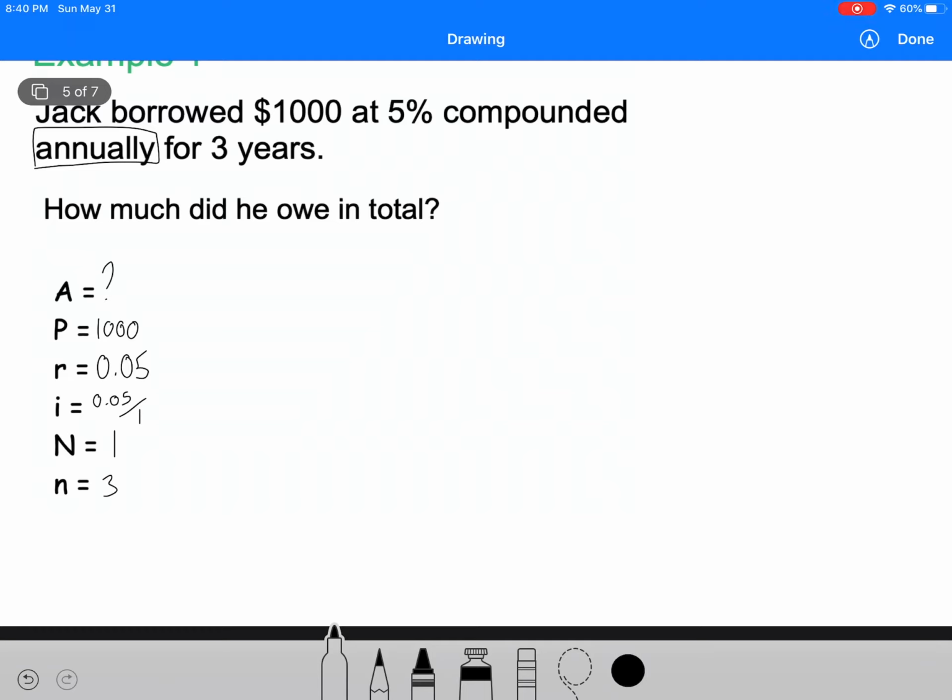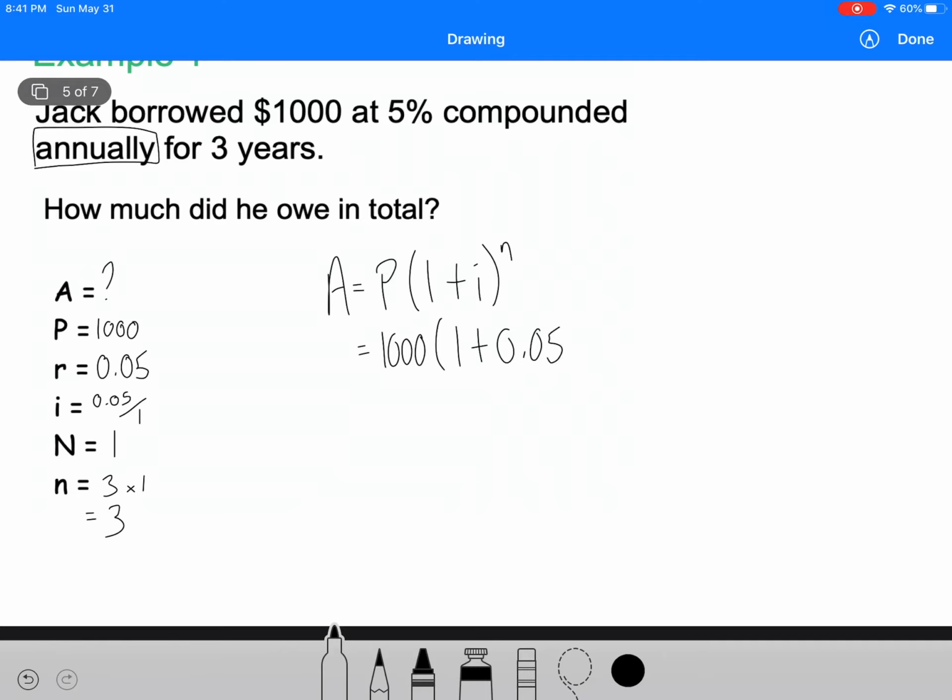Number of years is 3 times 1, so we have 3. So when we plug into our formula, we've got all of this stuff already ready for us. We've got 1,000, 1 plus 0.05 to the exponent 3. And we should get exactly what we just looked at.